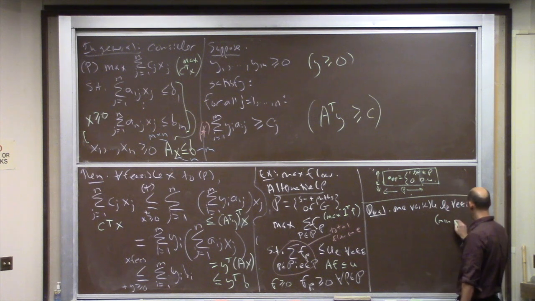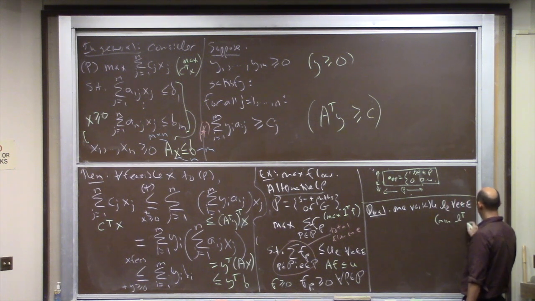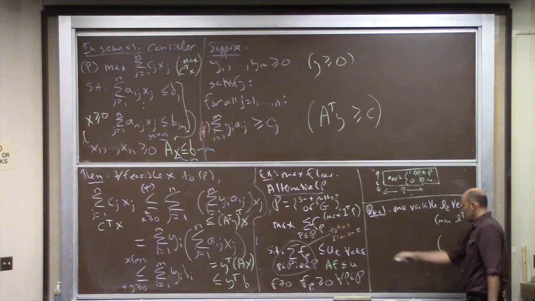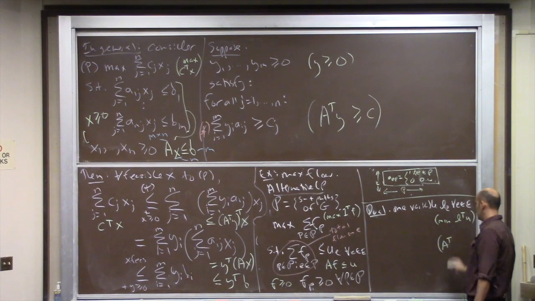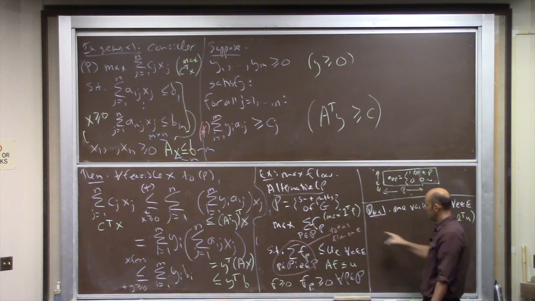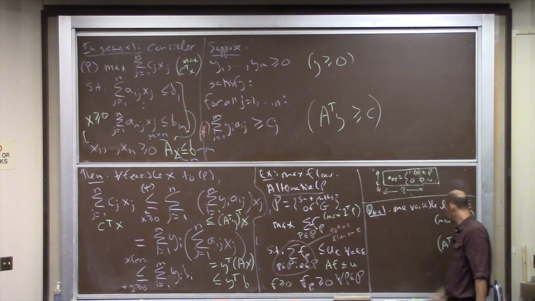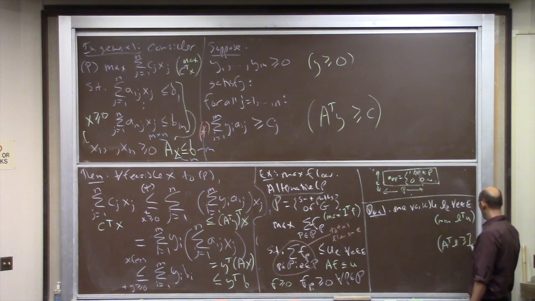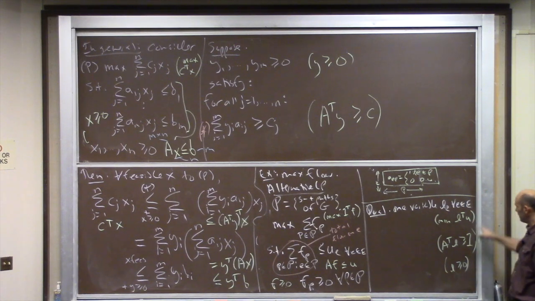So it's going to be minimize, and the dual variables are L, so L transpose U. The constraint matrix gets transposed, so this is A transpose L. The new right-hand side is the old objective function, so this is going to be at least 1 component-wise. And then we have non-negativity constraints. So is everyone cool with what I did on the matrix side? This is exactly the recipe that I told you before.